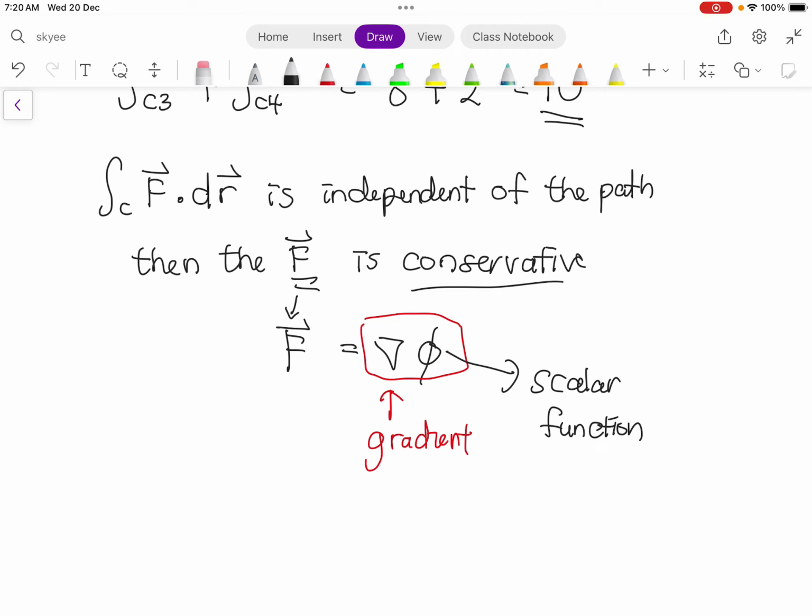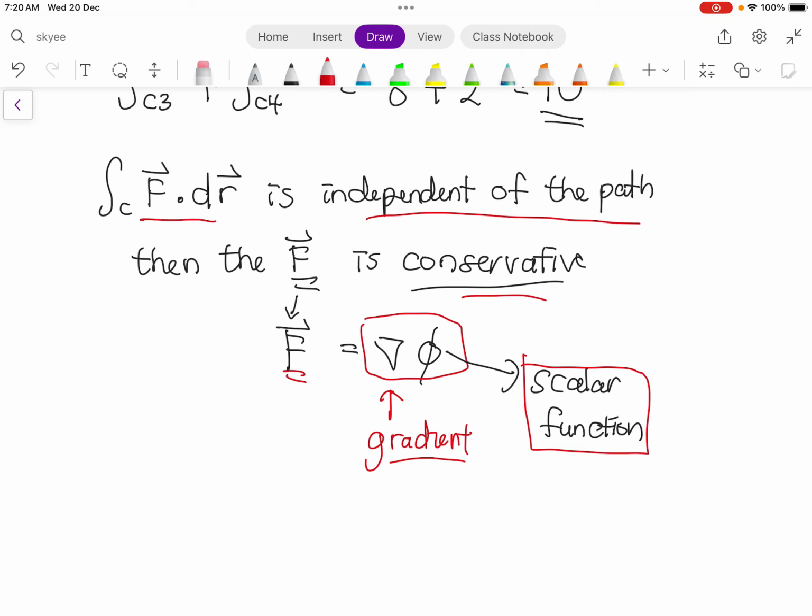So I repeat. If the line integral is independent of the path, f is conservative. When it is conservative, there will be a scalar function, and if you find the gradient of this scalar function, it will be equivalent to the vector field f, or the force.